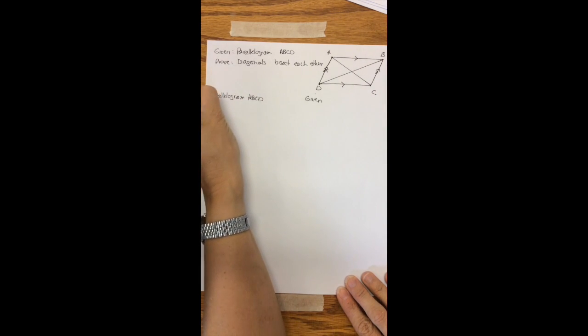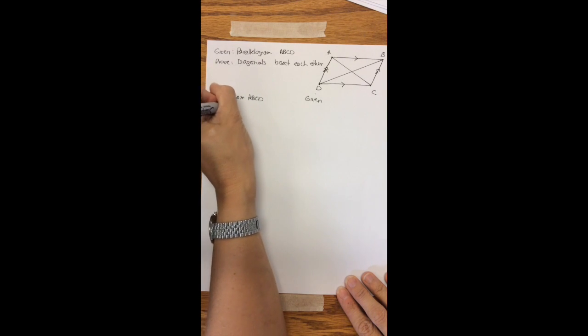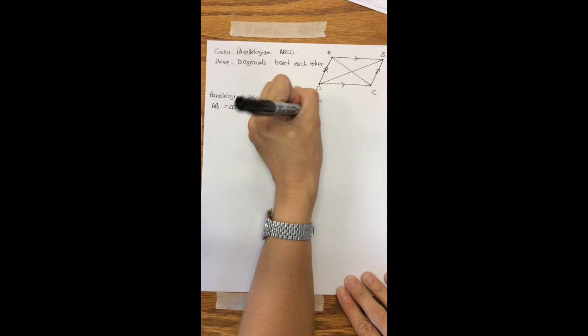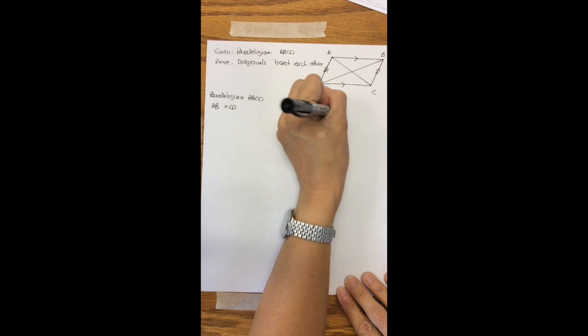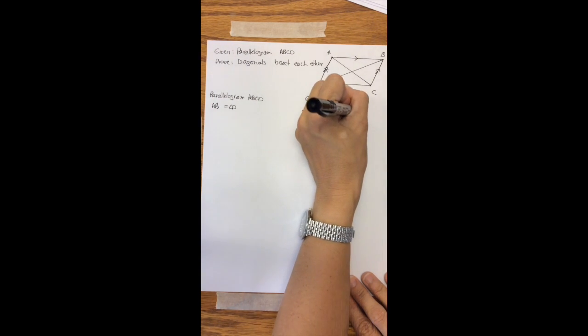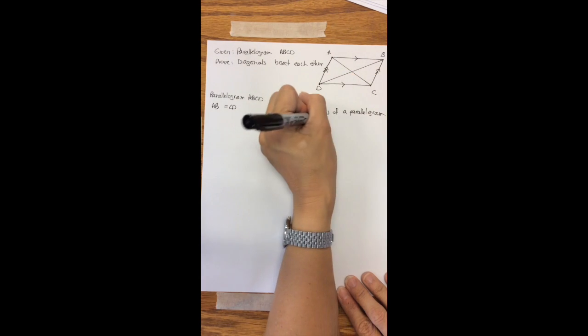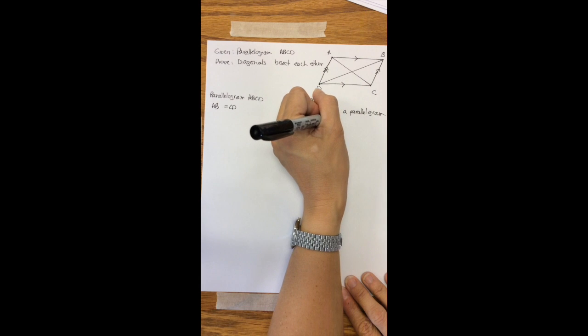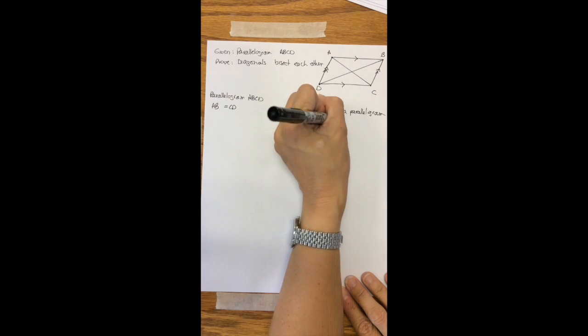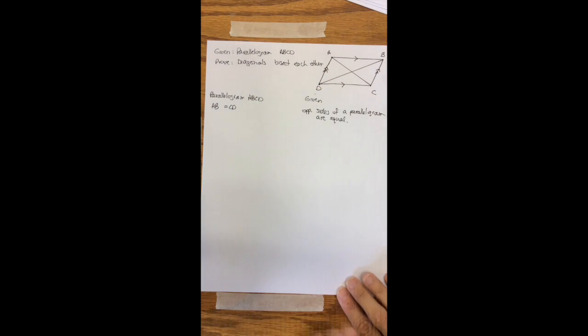I've got AB is equal to CD, opposite sides of a parallelogram are equal. Cool. Now, let's look at some of the angles.